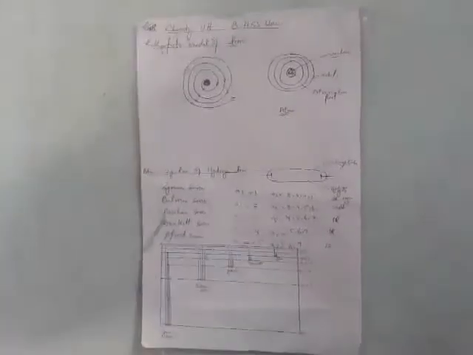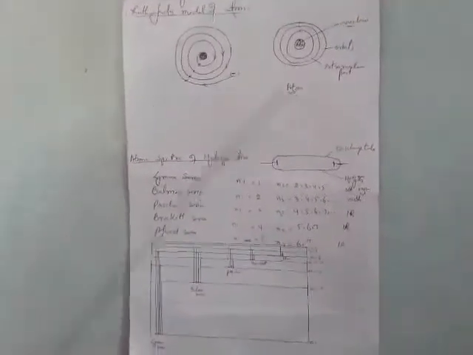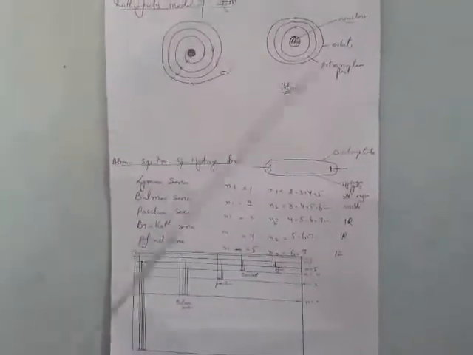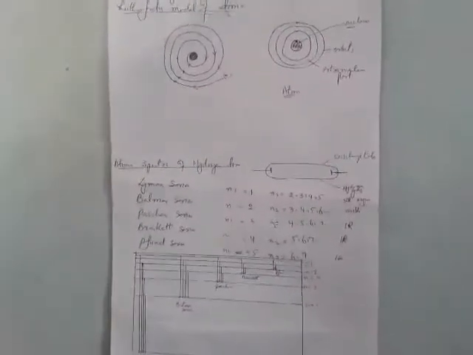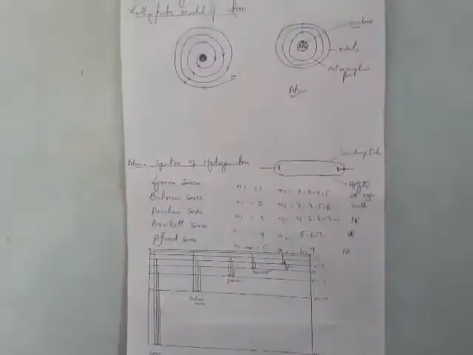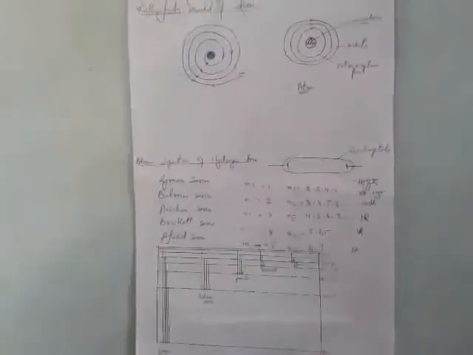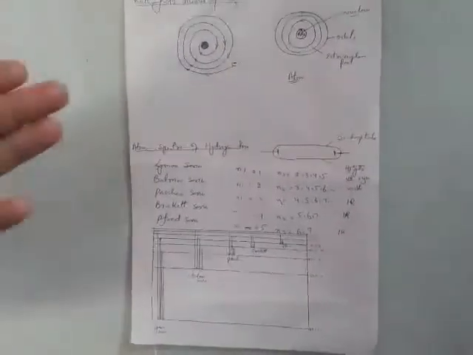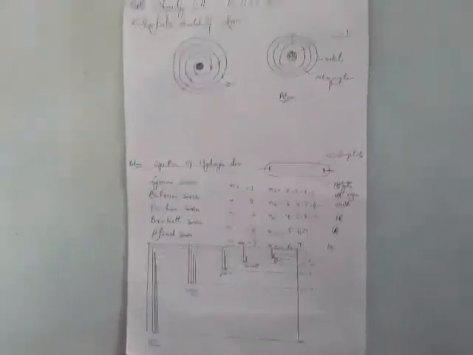Now, in the light of this scattering experiment, Rutherford gave his model of atom, which consists of the following points.